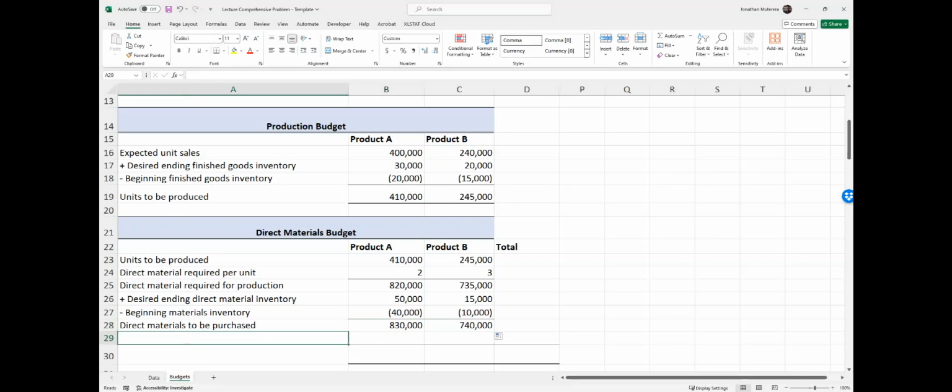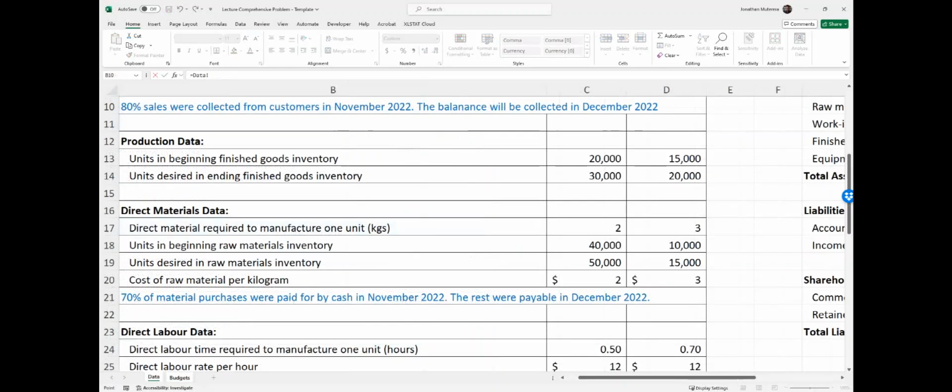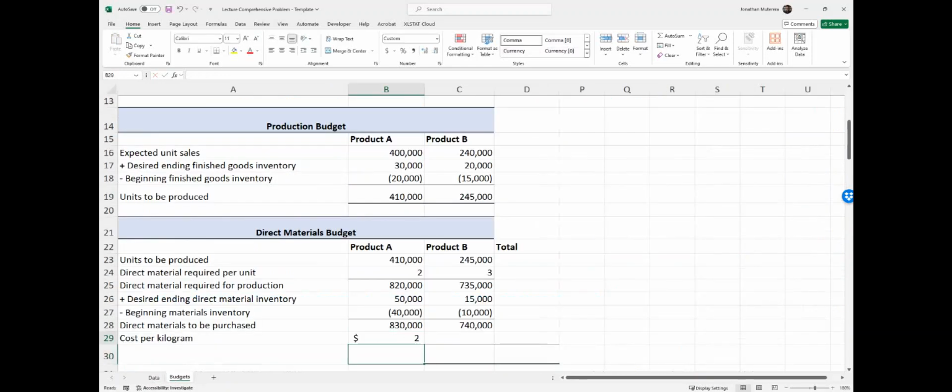And now, how much does each of those cost? That information is in the data: $2 per kg for product A and $3 per kg for product B. And so that will help us arrive at our final answer to the final question: how much material do we need to go and purchase, and how much is that going to cost us?